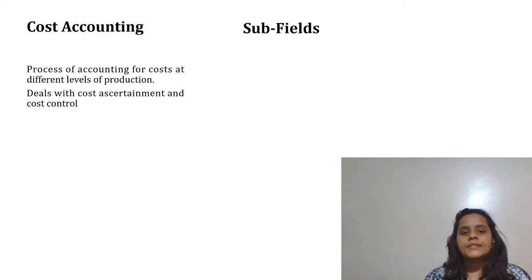This whole process is done so that you can identify at which stage of production huge cost is being incurred, so that you can minimize that cost. You can put in place efficient methods so as to reduce the cost at the production level itself. This subject is actually done in detail as part of your professional courses or your higher studies.